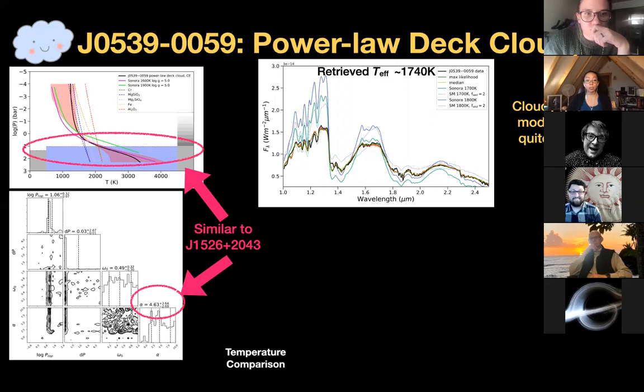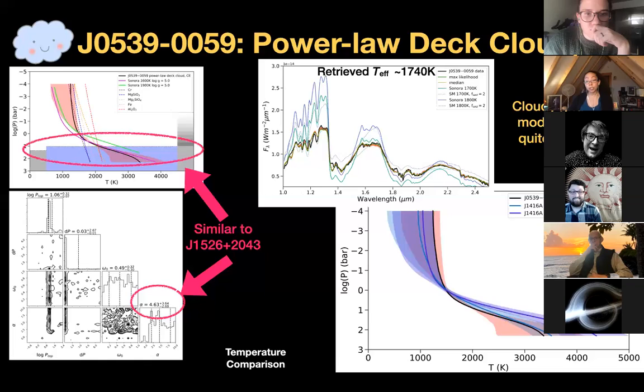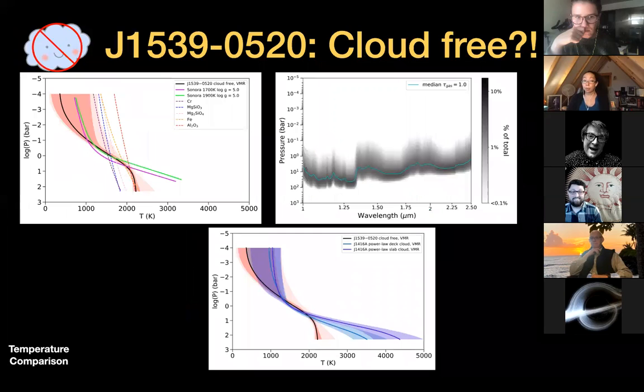And comparing the pressure temperature profiles in the region of the photosphere where we're more tightly constrained, we see that there's actually some overlap between 0539 and 1416, meaning that there's something that's more similar between these two objects as compared to 1526.